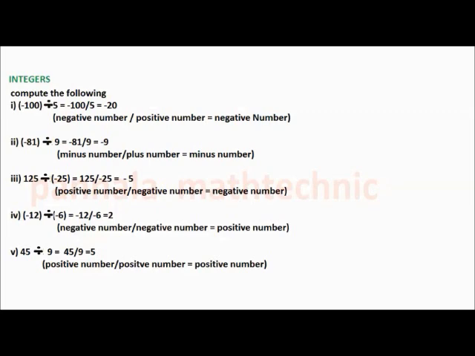And here also, a negative integer minus 81 divided by a positive integer 9 results in a negative integer minus 9. 125, a positive number, divided by a negative integer minus 25 results in a negative integer minus 5. Like that, the other problems.